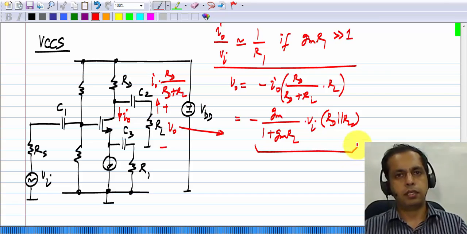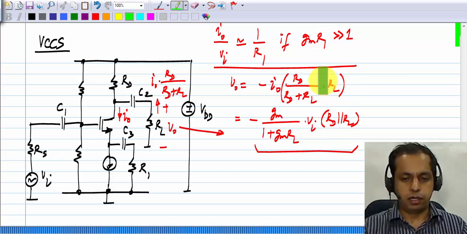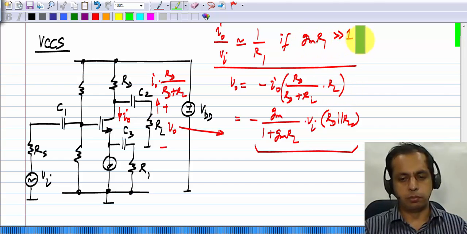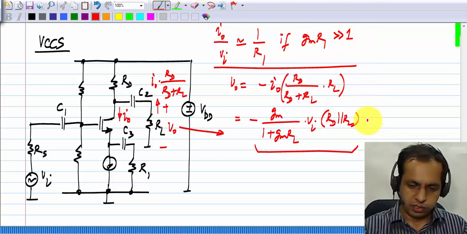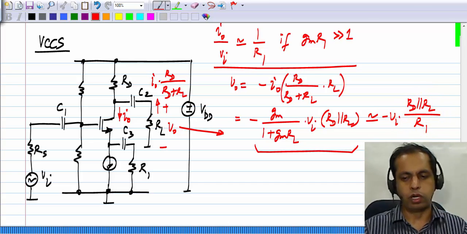So that will be the output voltage, and when Gm R1 is much more than 1, this is approximately minus Vi times RD parallel RL divided by R1.